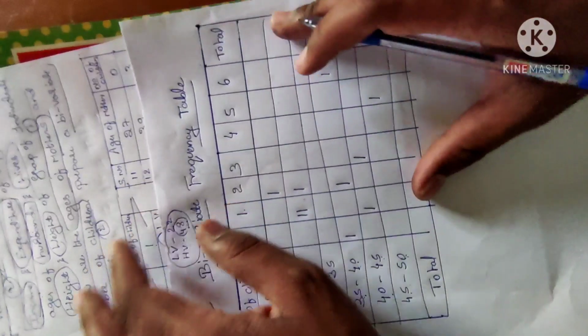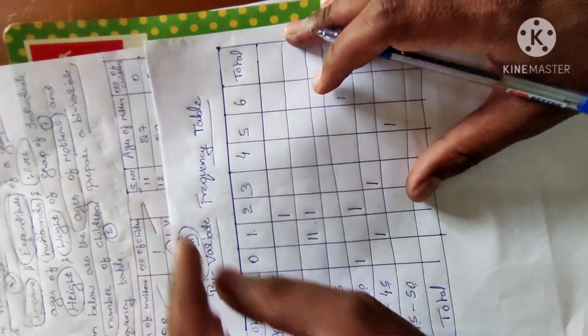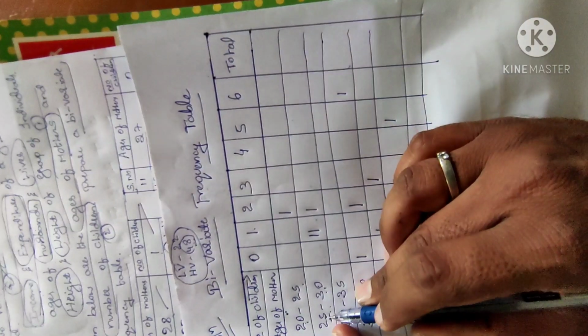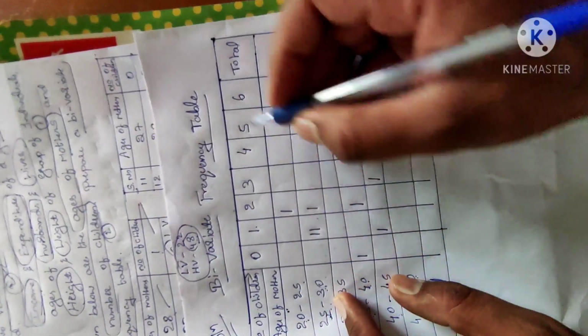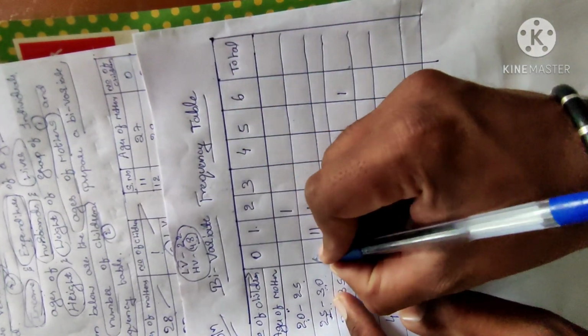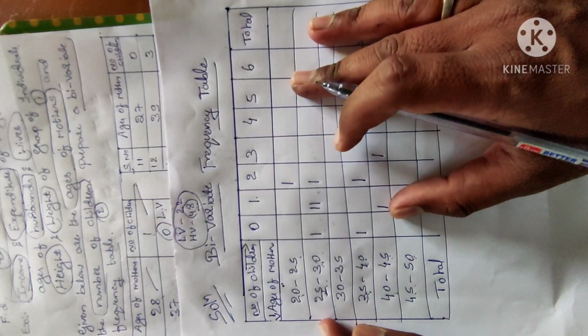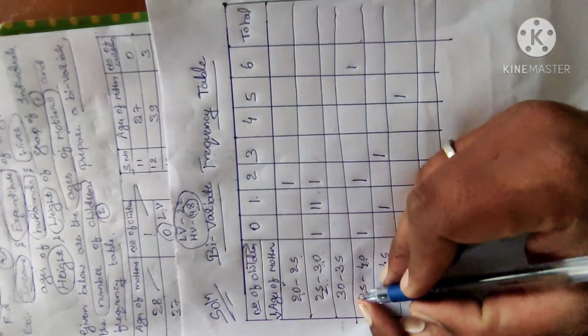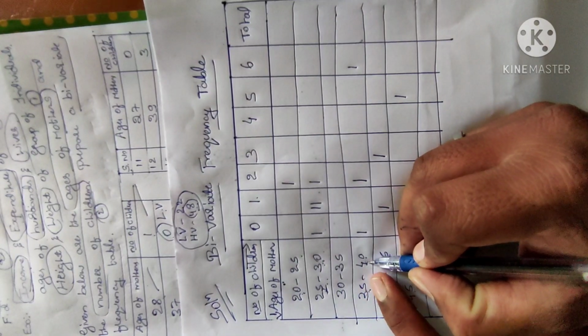Next serial number 11. Age of the mother is 27. 27 comes under 25 to 30. The number of children is 0. We should write here. Next one is 39. 39 comes under the 35 to 40 class interval.